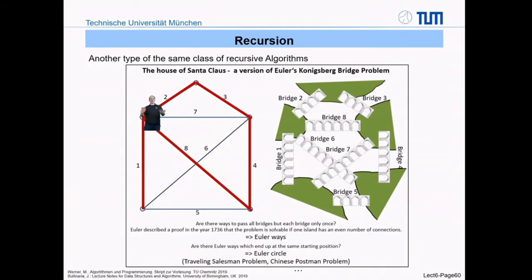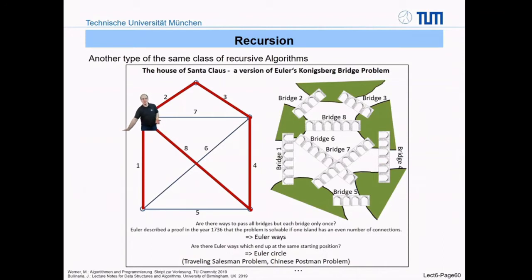So this house of Santa Claus is very connected to a thing which is called Euler's Königsberg bridge problem, because Euler defined this problem, and it's that you have some islands. So here are the islands, and you have bridges between these islands, and you want to pass each bridge just once, but you want to find one path, one complete way, a so-called Euler way through the whole graph.